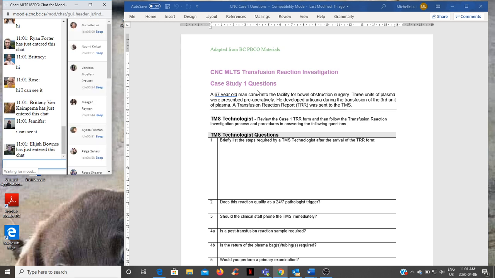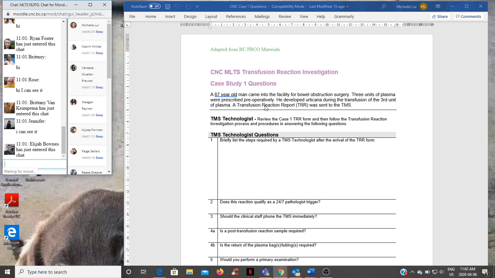we're going to see the explanation up at the top here. A 67-year-old man came into the facility, so a hospital, for a bowel obstruction surgery. 3 units of plasma were prescribed pre-operatively, and he developed urticaria during the transfusion of the 3rd unit of plasma.